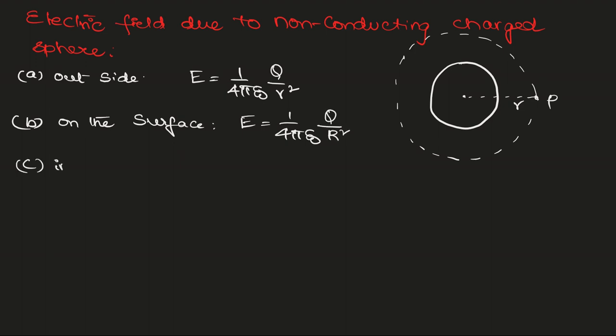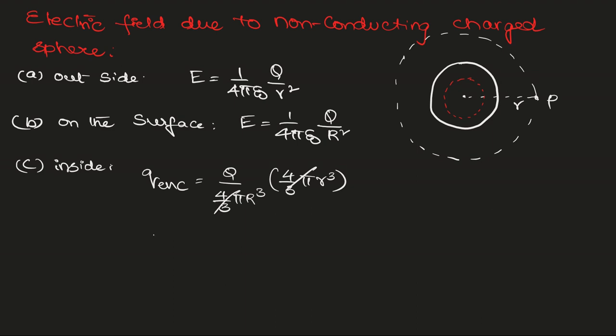At any point inside if they ask, here we have to construct a Gaussian surface inside, so that charge enclosed with that Gaussian surface will be equal to charge per unit volume into volume of that portion. 4/3 pi gets cancelled.